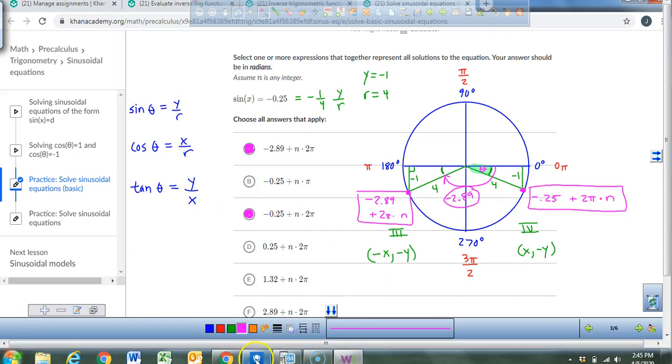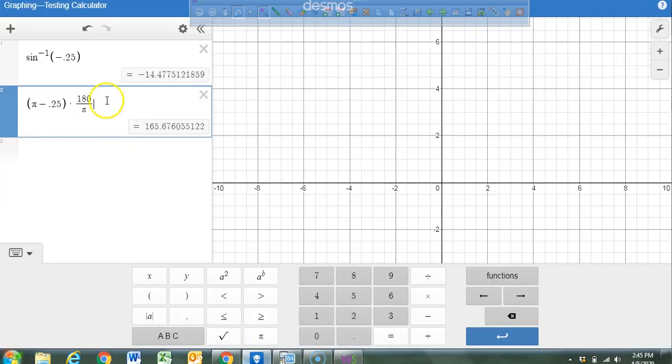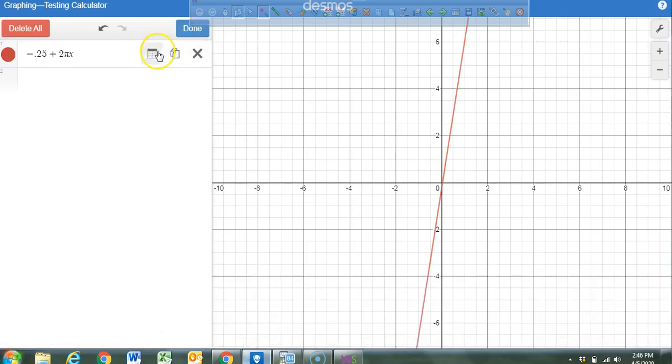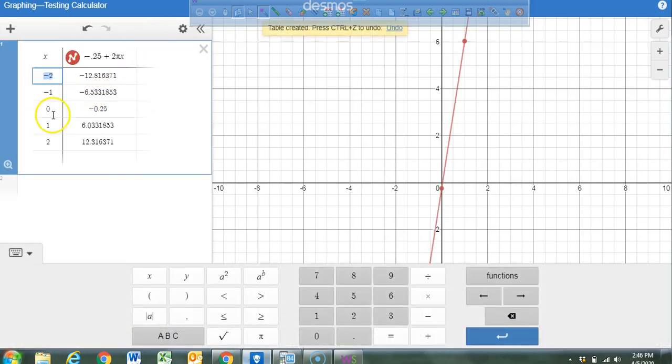If you want to check your answer, you can go into Desmos or your graphing calculator, either way. I'm going to start with negative 0.25 plus 2 pi x and create a table. Basically, we're just adding 2 pi to each, and these represent the integers that get to that negative 0.25.